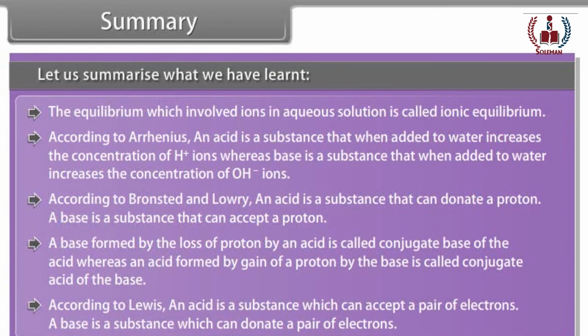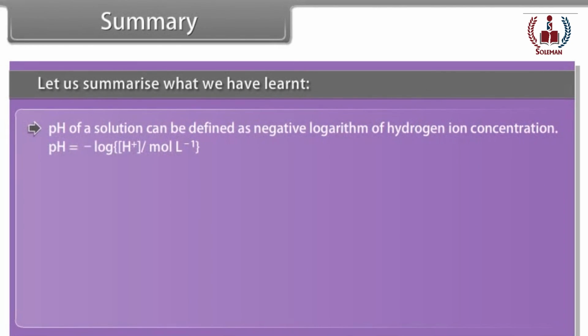According to Lewis, an acid is a substance which can accept a pair of electrons. A base is a substance which can donate a pair of electrons. The pH of a solution can be defined as the negative logarithm of hydrogen ion concentration.